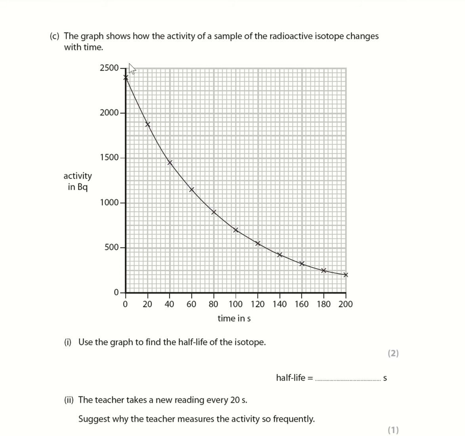The graph shows how the activity of a sample of the radioactive isotope changes with time. Find the half-life of the isotope. First, it is around this point, and it seems that this point is about 2400, I think.